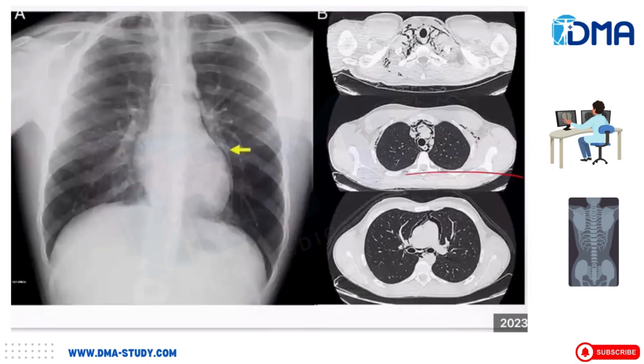Tell me this one. Diagnosis. The patient with an RTA has chest pain and has come to us. In this, this will be the X-ray and CT. What will be your diagnosis?